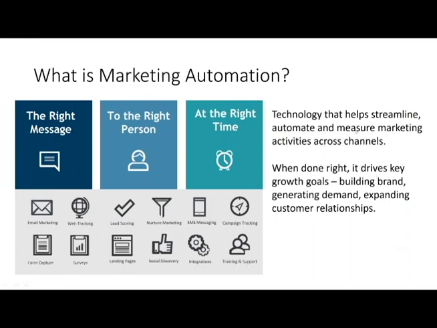So let's do the traditional level set. What is marketing automation anyway? And a lot of what happens is marketing automation kind of gets lumped into, well, that's email marketing, right? And that absolutely is a huge part of it. You should never, and we are never going to get away from email marketing.